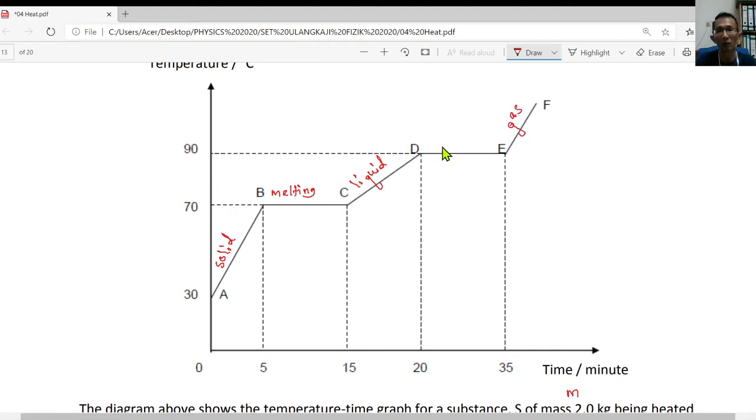So what is happening at this point DE here? It must be boiling. The temperature 70 degrees Celsius is my melting point, takat lebur. And here must be my boiling point.